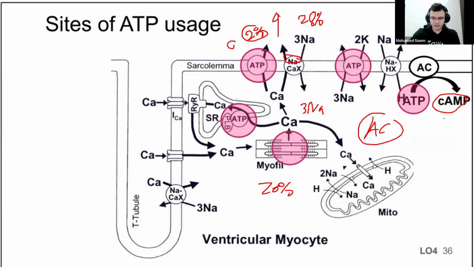Cyclic AMP is a secondary signaling molecule inside the cell. To get it, we use ATP. This adenylyl cyclase takes one molecule of ATP and converts it to cyclic AMP. So we can use the cyclic AMP in a lot of pathways inside the cell.